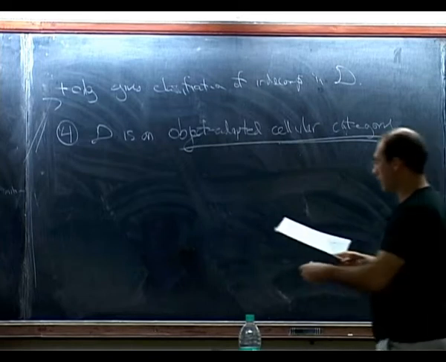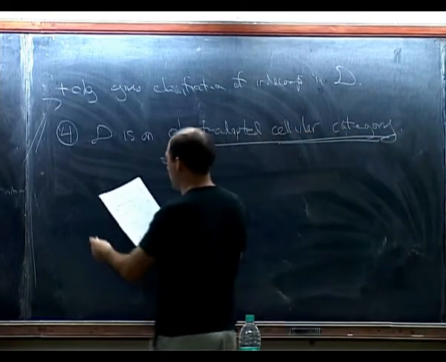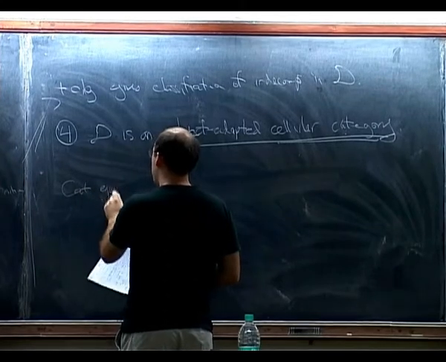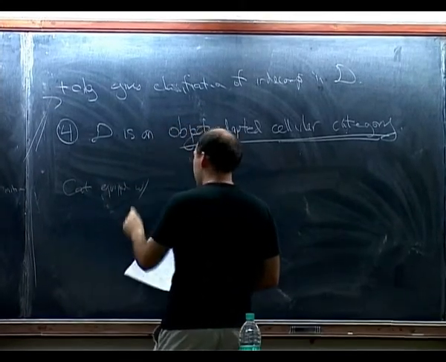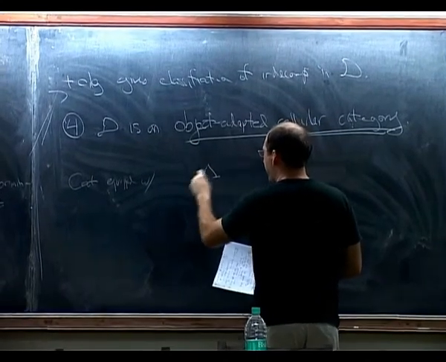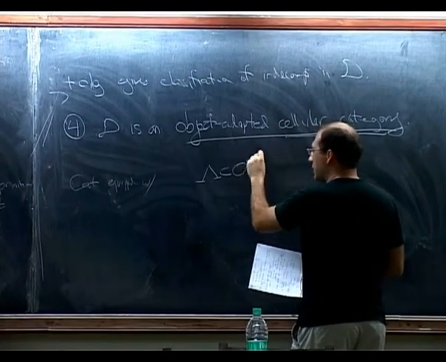Okay? And there's an exercise about unraveling this. But let me just say what this is. So this is a category equipped with a bunch of structure. Okay? So what structure? You have a subset of the objects.